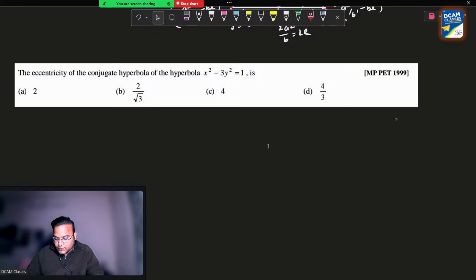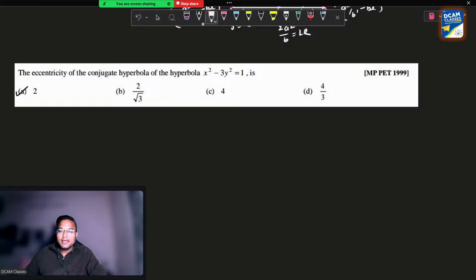Do you have this question with me or not? Yes, the answer is 2. I'm also getting 2. Kanishka, are you getting 2 as the answer, or do you want me to solve it? Yes, sir. 2.